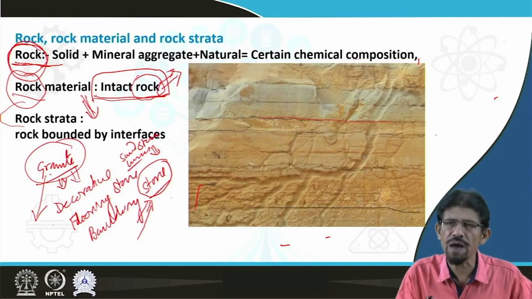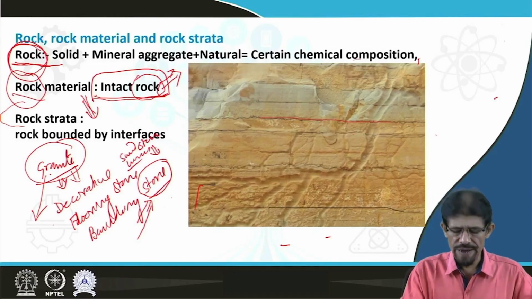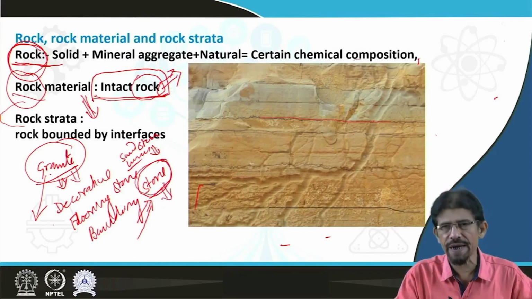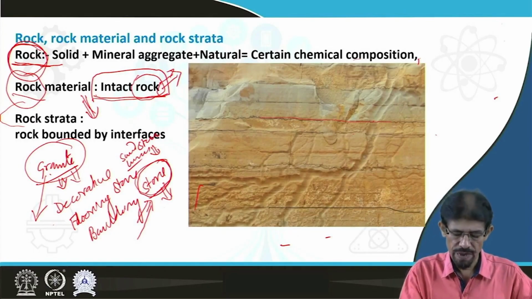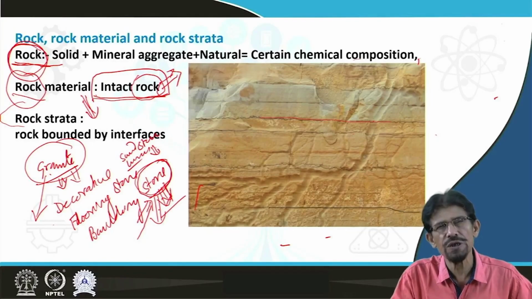Feldspar also we recognize as stone. When we specify certain technical characteristics of a particular rock, we use the term stone: building stone, facing stone, construction stone, ballast, pavement stone. So stone is actually a trade name, or a name for engineering utilization.